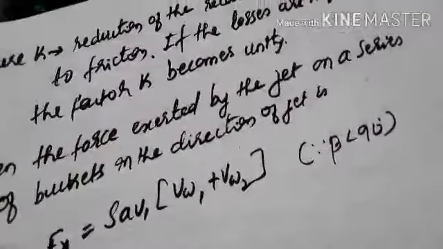Whatever water it releases here falls on the back of the bucket, so it will interrupt the movement of the bucket. So this water should not fall on the back of the bucket; it has to fall away from the bucket. That is the reason.